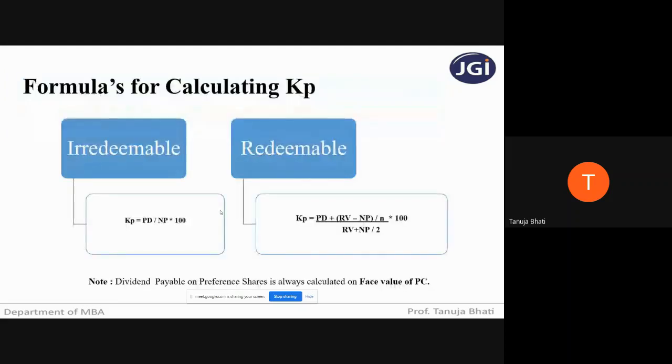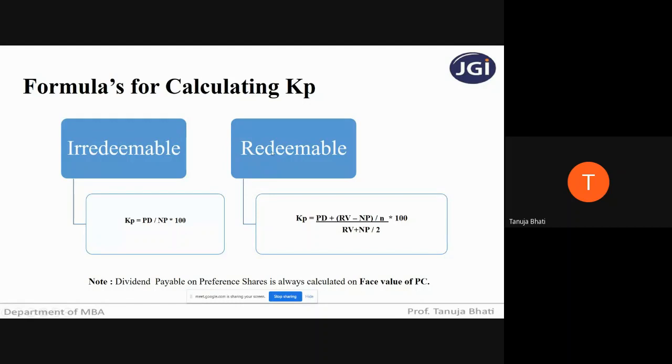So we know that cost of preferential capital is denoted by KP. For calculating the cost of preference capital, first you have to check whether it is irredeemable preference share capital or redeemable preference shares. If it is irredeemable, the formula is KP equals PD divided by NP into 100, where PD is your preference dividend, NP is your net proceeds, and into 100 because you are expressing the answer in percentage.